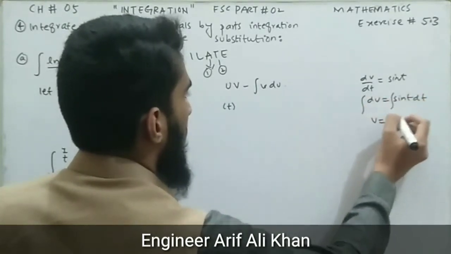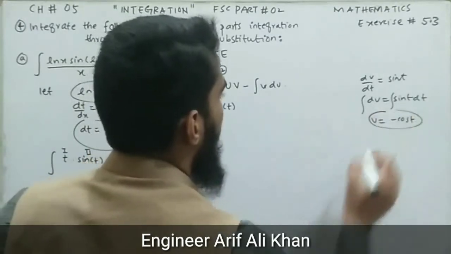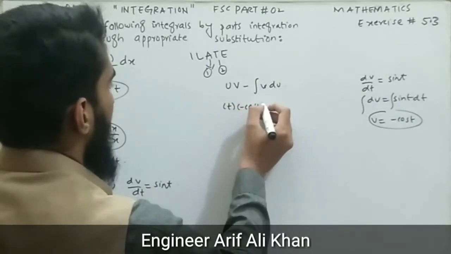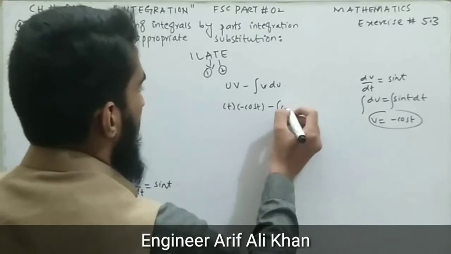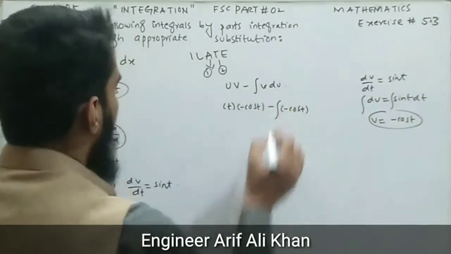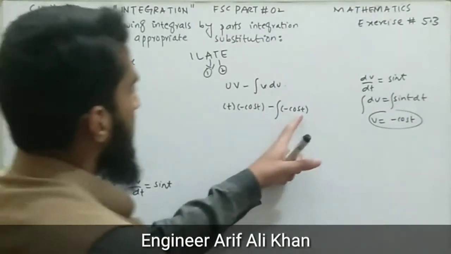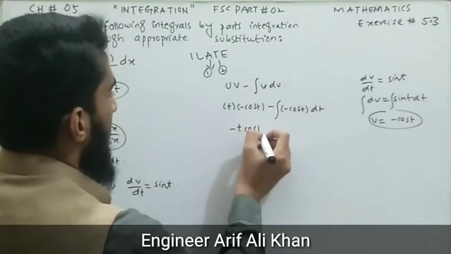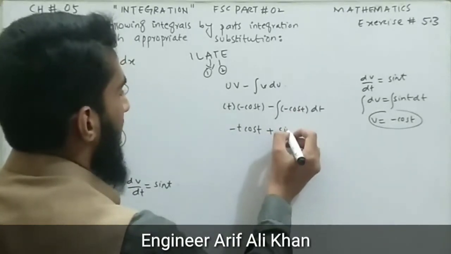So on this side we are left with v, and on this side the integration of sine t is negative cos of t. So the value of v is minus cos of t, so put over here minus cos of t, and after this negative sign integral of v, our v is negative cos of t, and du. So our du from over here, differentiate both sides with respect to t, it becomes du is equal to dt. So putting du is equal to dt over here, it becomes minus t cos of t, and minus minus will give us plus, and the integral of cos of t is actually sine of t.